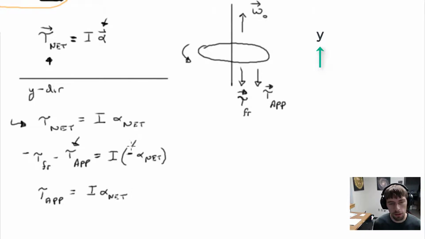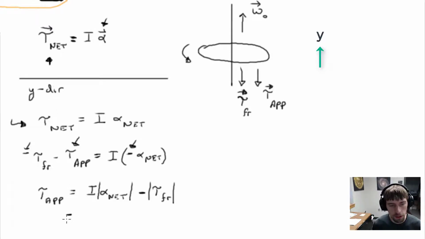Notice I took explicitly into account the directions here. So I'll end up using the magnitude when I substitute this in, minus the frictional force. And again, since I explicitly took into account the sign, I guess for clarity, I'll say, okay, it's the magnitude. And we're done. I mean, we still have to sub in values.